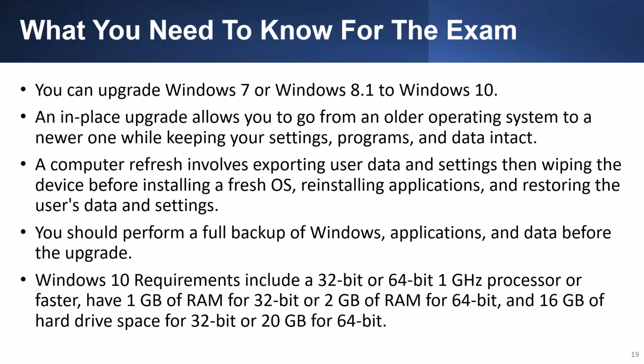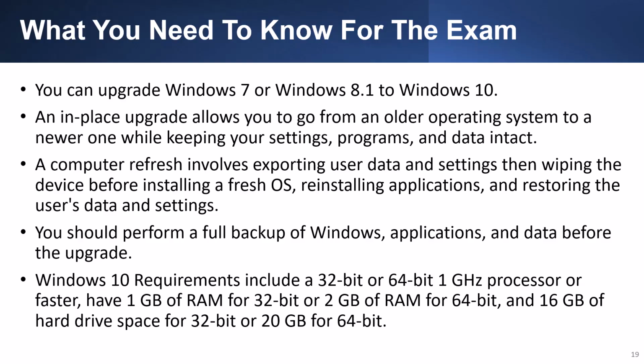In summary, you can upgrade Windows 7 or 8.1 to Windows 10. An in-place upgrade allows you to go from an older operating system to a newer one while keeping your settings, programs, and data intact. A computer refresh involves exporting user data and settings, then wiping the device before installing a fresh OS, reinstalling applications, and restoring the user's data and settings.